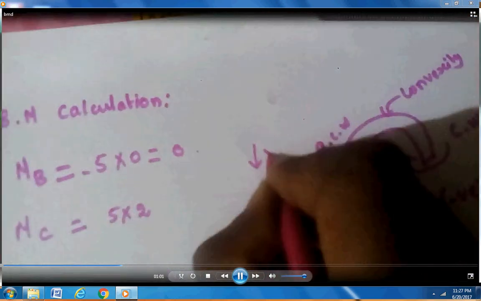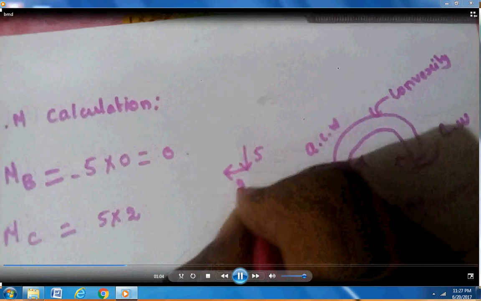We need to find the direction. This is 5 into 2, and this is clockwise direction. So to the right clockwise, that is negative sign. That is minus 5 into 2, that is 10 kilonewton meter. Unit of bending moment is kilonewton meter.